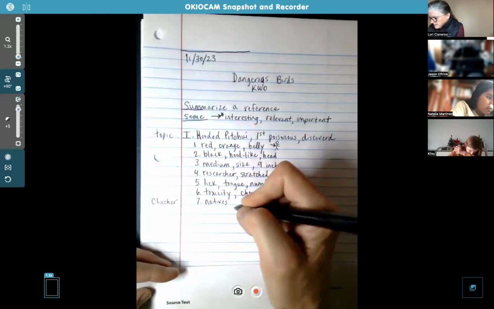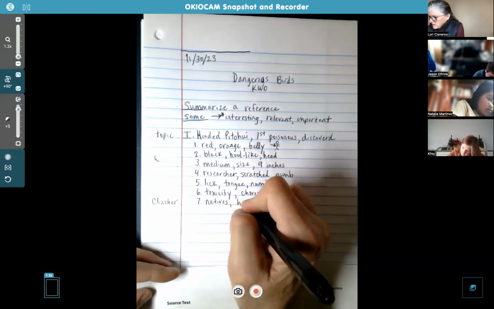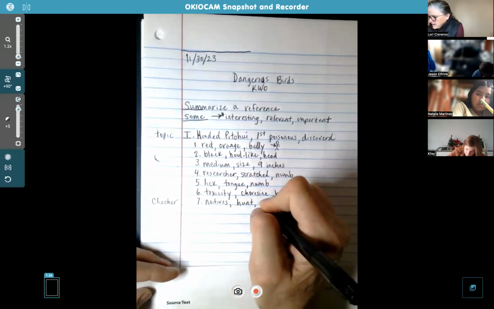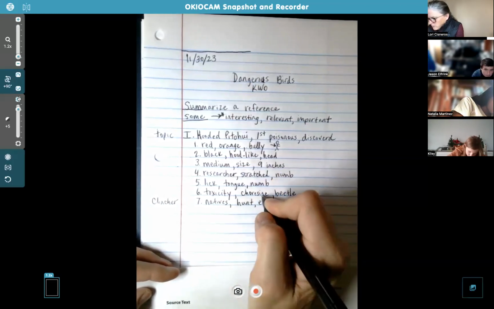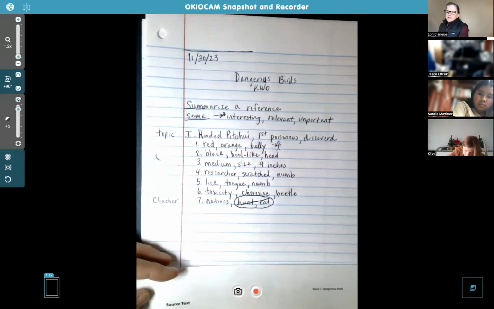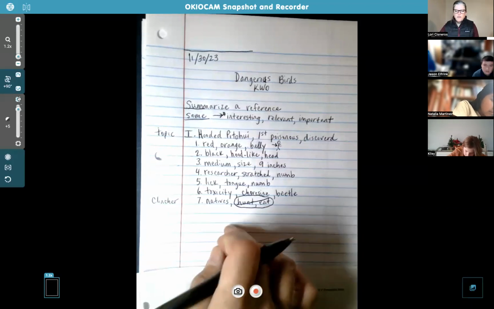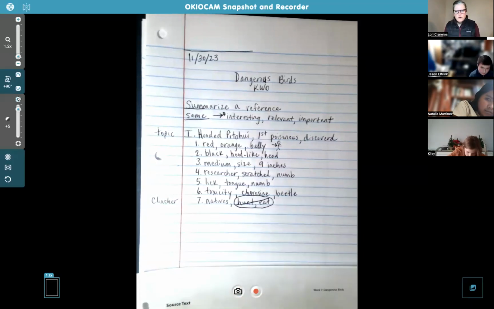Natives. And then I'm going to do hunt and eat, even though I know that's a banned word, but I'm going to circle those and put a line through them. It's okay to have a banned word on your keyword outline, but just don't use it when you go to write. You'll have to come up with something different.